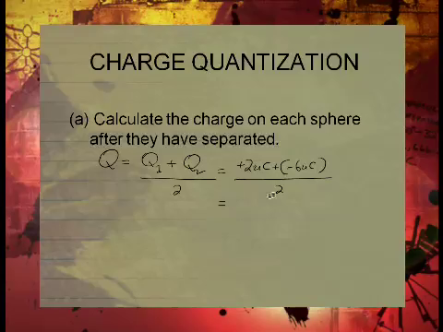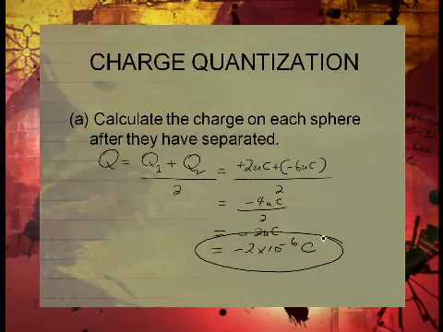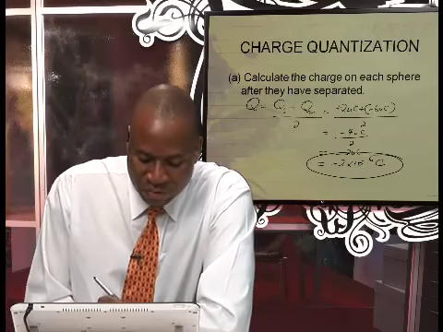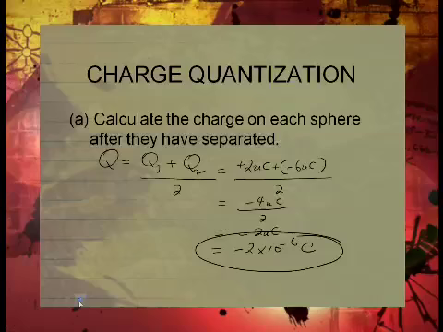And this is going to end up as minus 4 microcoulombs divided by 2. What we have is minus 2 microcoulombs. Now, this is minus 2 times 10 to the power minus 6 coulombs. Remember, when you convert microcoulombs to coulombs, you need to multiply by 10 to the minus 6. So that is the charge on each sphere.